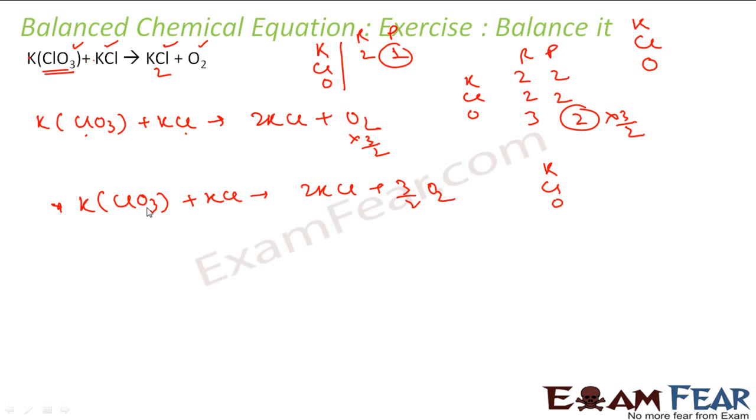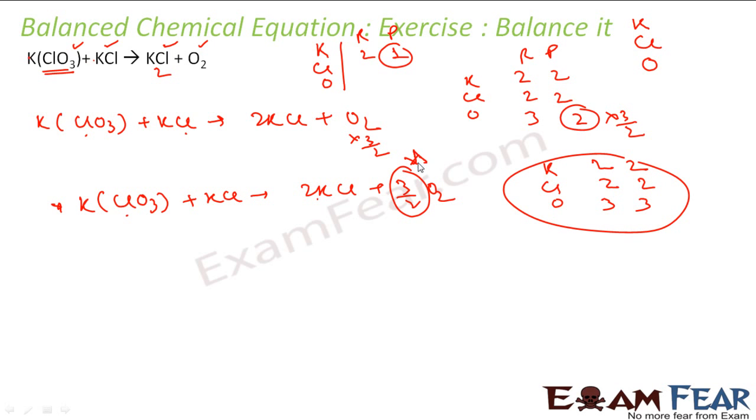Let's see if it is balanced now. Potassium is 2 here, product also 2. Chlorine is 1 plus 1, 2 here, product also 2 KCl, right? So 2 chlorine. Oxygen is 3 here, here also 3 by 2 into 2, 3. So it is balanced, but there is a fraction part, right? So when we remove the fraction part, we multiply everything by 2.